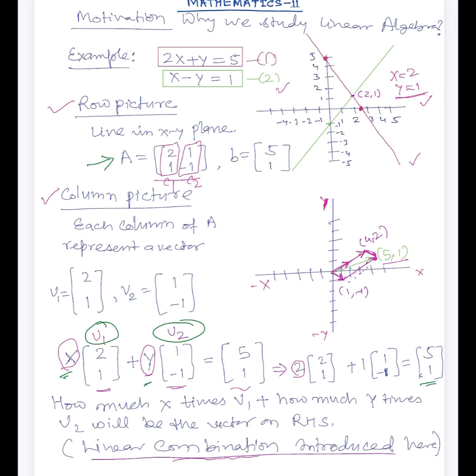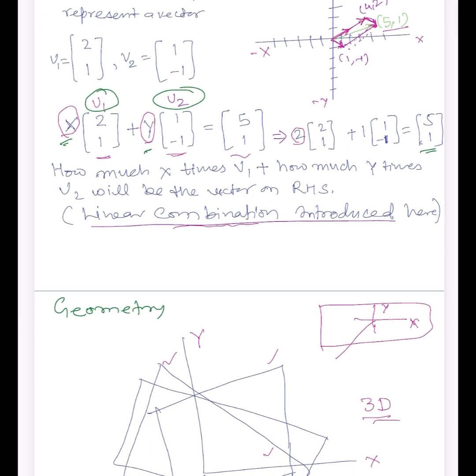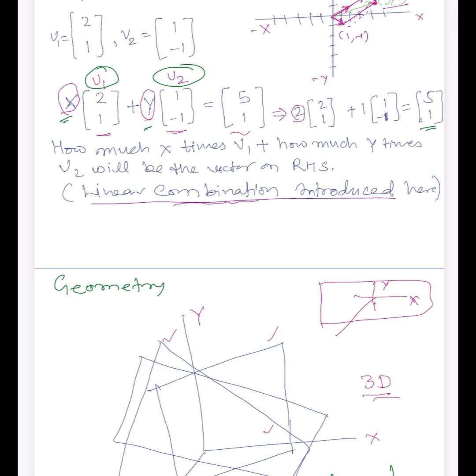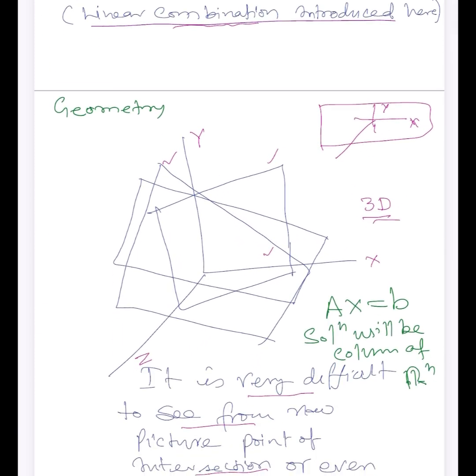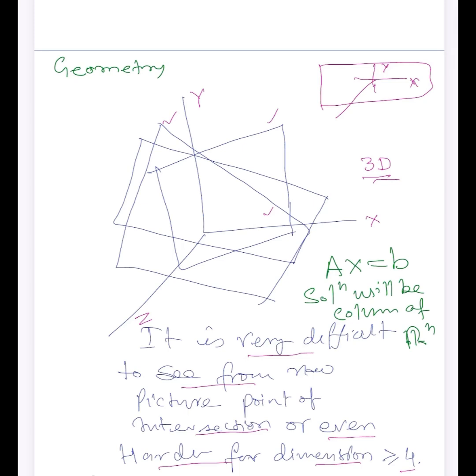Now the column picture is going to help because we are first going to learn the linear combinations and the birth of vector, right? So now we are going to introduce the vector space. Another reason is, if I increase the system of equations Ax equal to b to n by n dimension, with the number of unknowns and number of equations, the geometry is very hard to visualize.